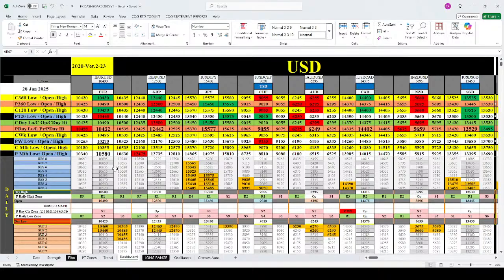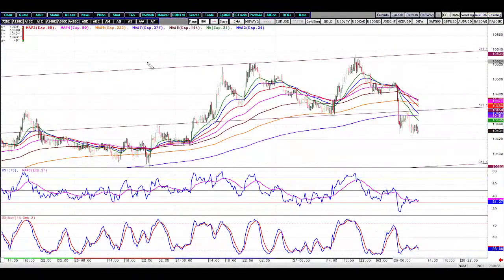The dashboard says we should be holding sell before 105 and expect this market to test 10405 and even 365 or 330, depending on the weakness. So more or less we know what we wanted, and let's confirm it with the chart.